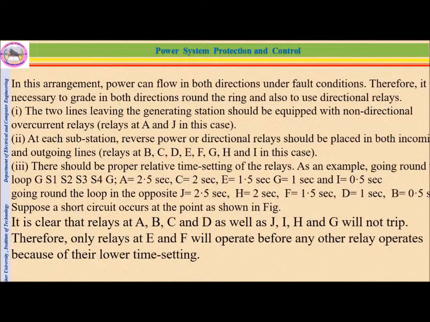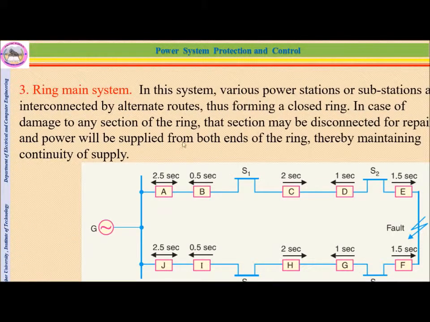In this arrangement, power can flow in both directions under fault conditions. Therefore, it's necessary to grade in both directions around the ring and also to use directional relays. The two lines leaving the generator should be equipped with non-directional overcurrent relays at A and J. You can see here, both are overcurrent relays at A and J. The others are directional relays, but they are opposite.